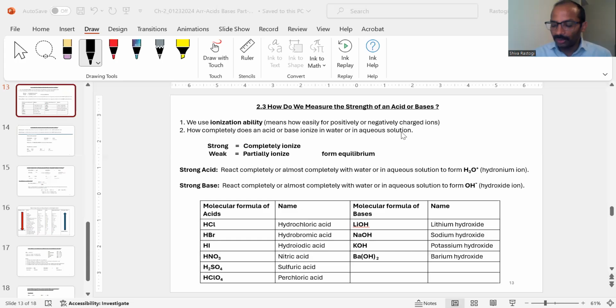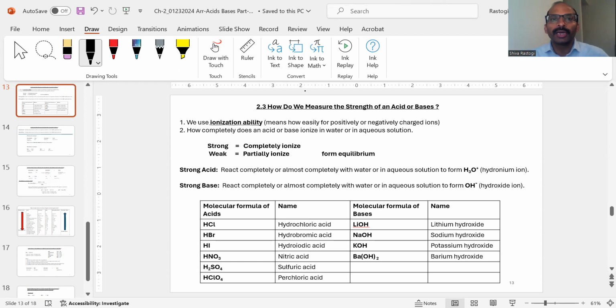So in this series, we will study the weak acid and weak base and how we can determine their strength. Usually we use ionization ability to determine if the acid is weak or not.